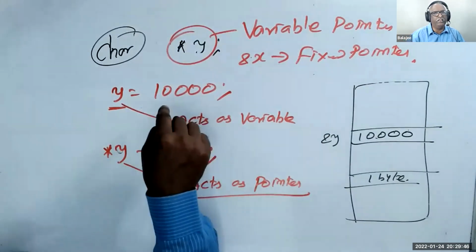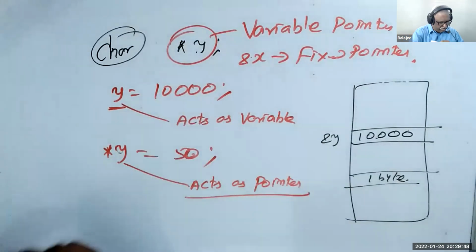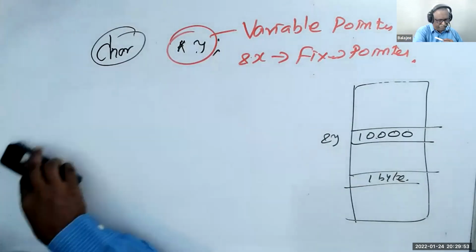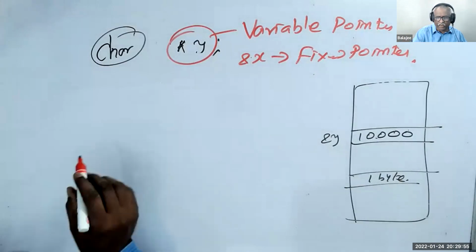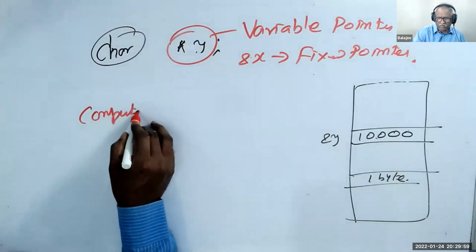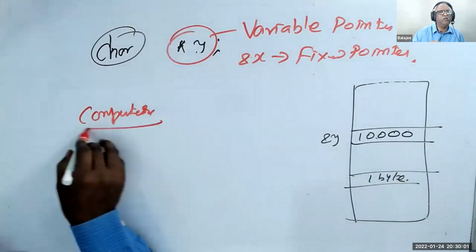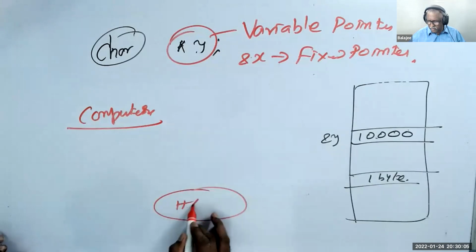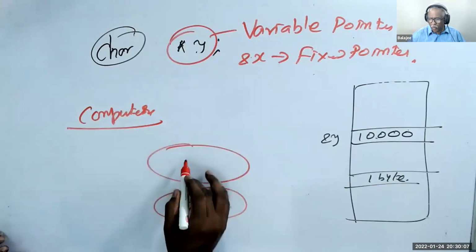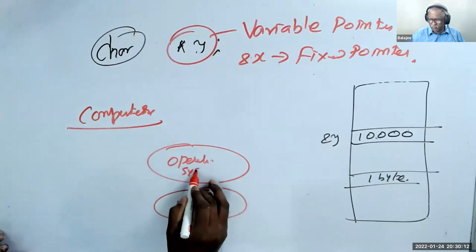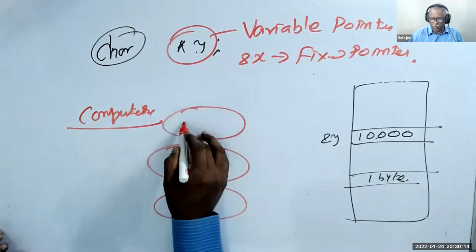The advantage of this one is you can write anywhere as you wish, but that is not always true in some cases. Let us take our computers. We have hardware, and above it we have something called the operating system, above which is your application or program.